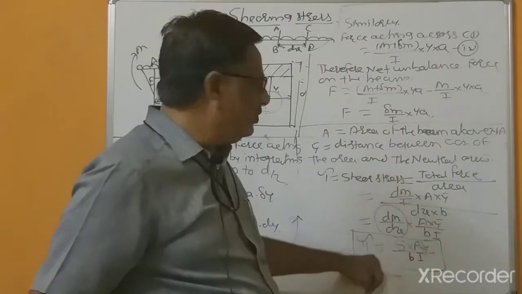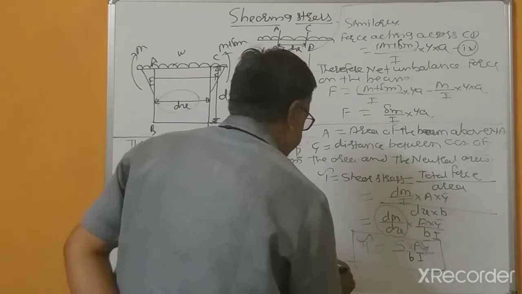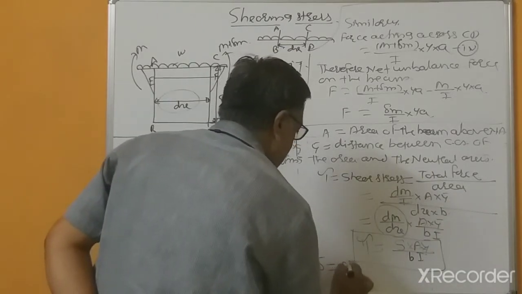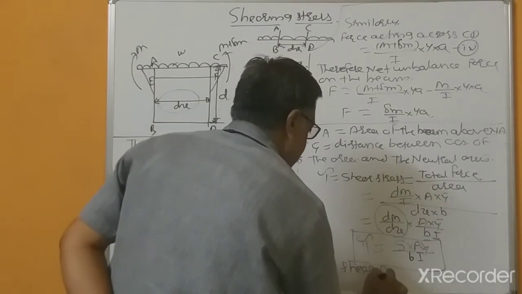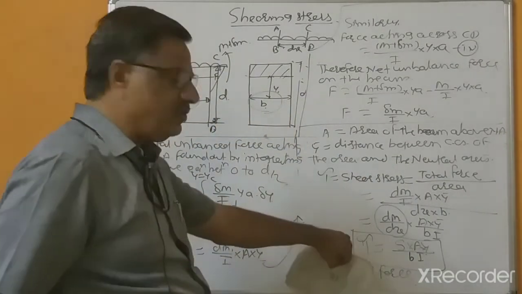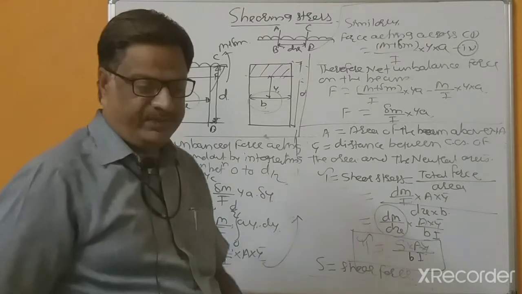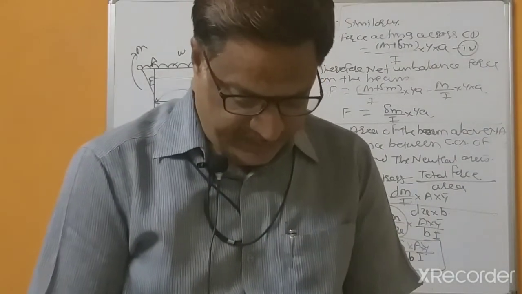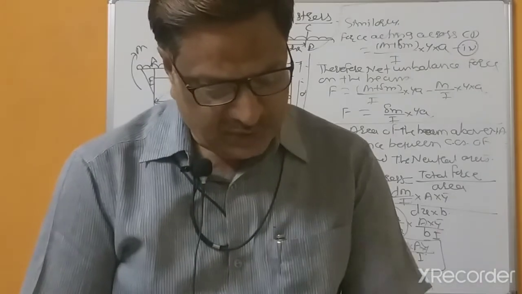Shear stress tau equals S A Y bar divided by b I, where S is the shear force and tau is the shear stress.